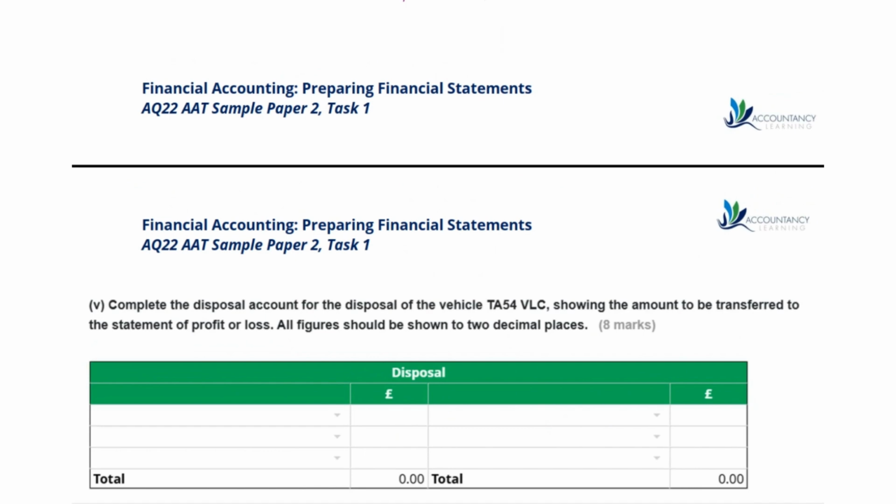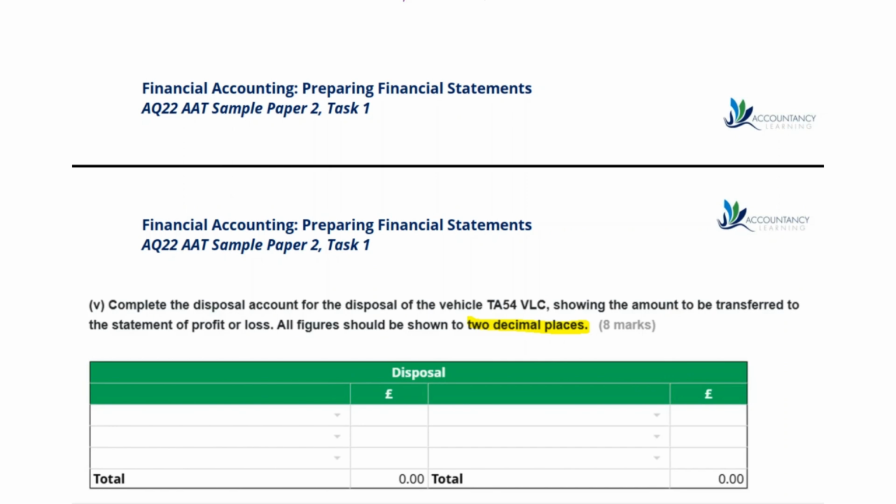So now we need to complete the disposal account for the disposal of the vehicle, showing the amount to be transferred to the statement of profit or loss. And again, we need to work to 2 decimal places. So we're creating a disposal account. So the first thing when we dispose of an asset is we need to remove it from the cost account. So it would be sitting as a debit in the vehicles at cost account.